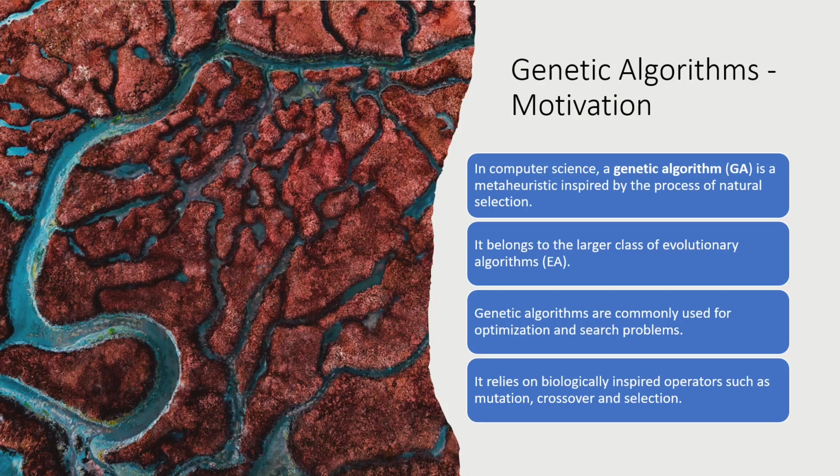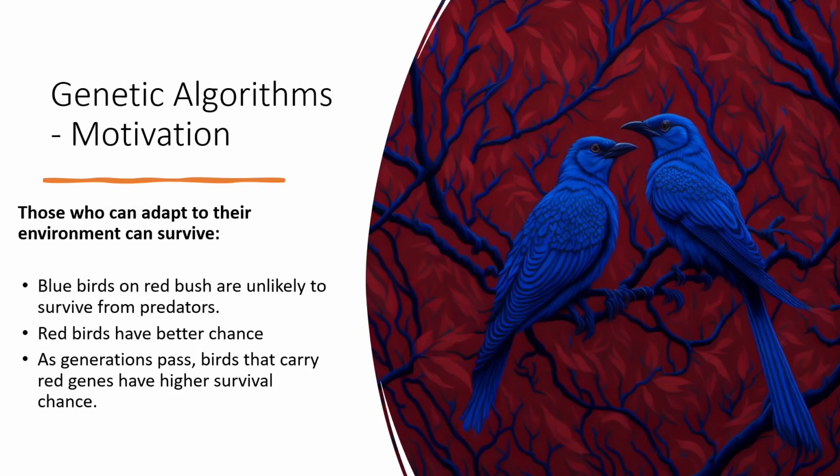Genetic algorithms are commonly used for optimization and search problems. That's an important thing as well. It relies on biologically inspired operators such as mutation, crossover, and selection. We will be seeing in detail all of these operators and how they work.